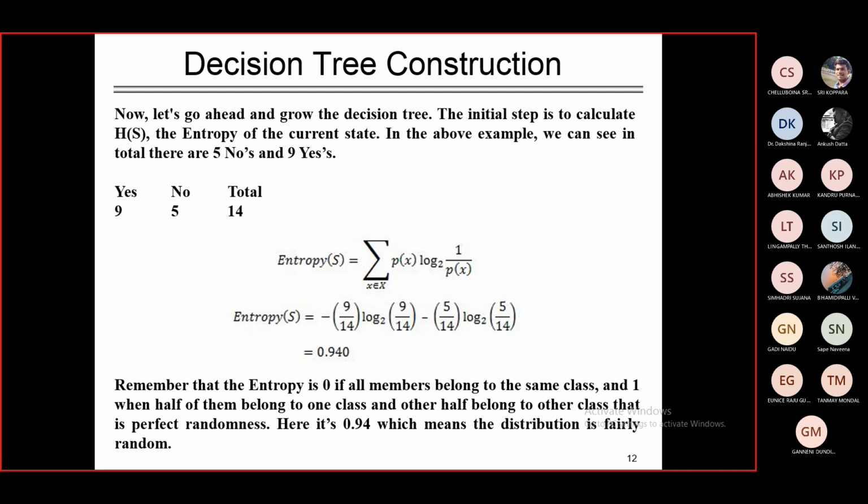One is the upper bound of the entropy, and the lower bound of the entropy is 0, and 0.94 is very close to 1. That is why we can conclude that the randomness or uncertainty is very high in the data set. That means the distribution is fairly random.